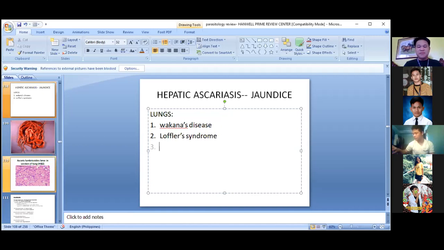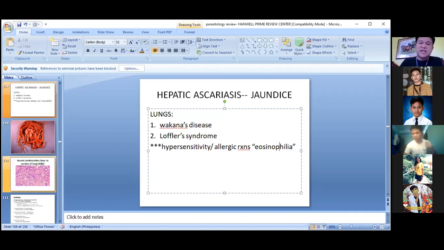And what is the clinical manifestation for both diseases? We have what we refer to as hypersensitivity reactions. So we will call it allergic reactions, in which case there would be eosinophilia. There would be a very distinct eosinophilia in the peripheral blood smear.